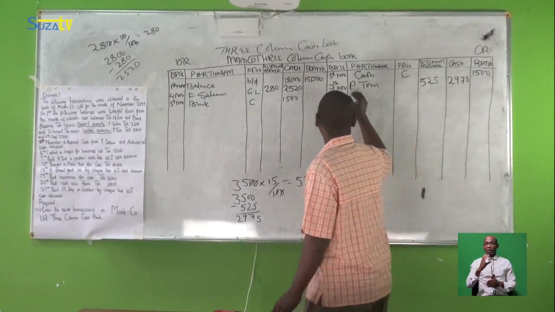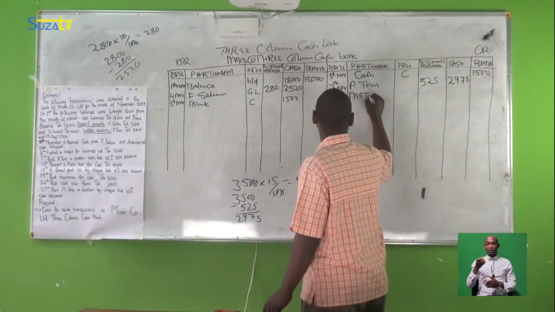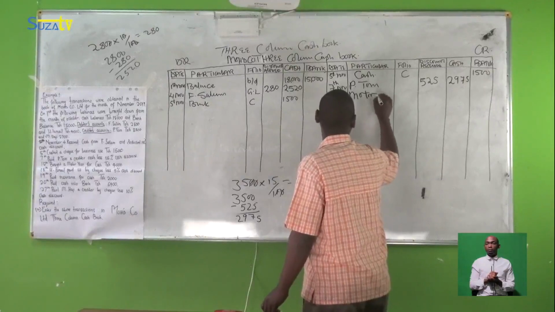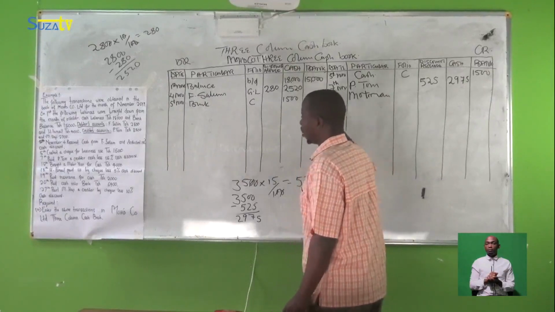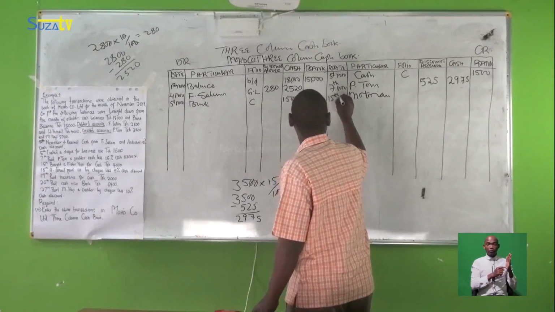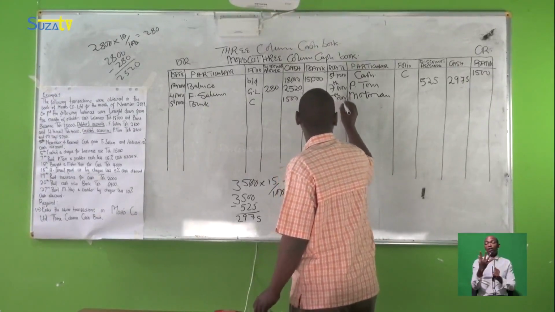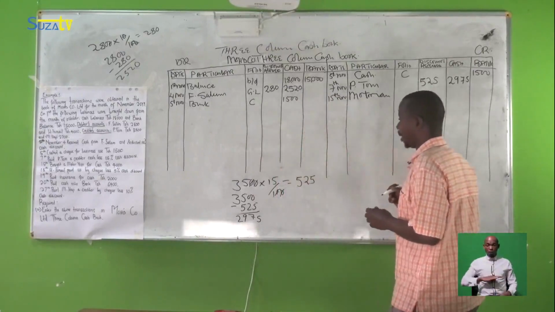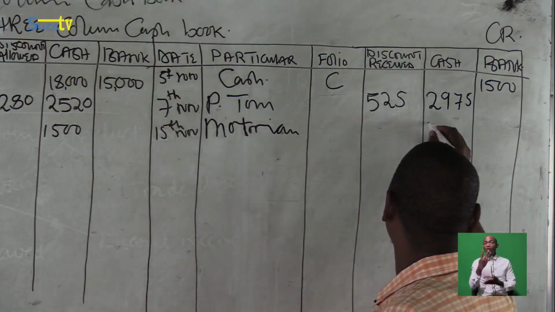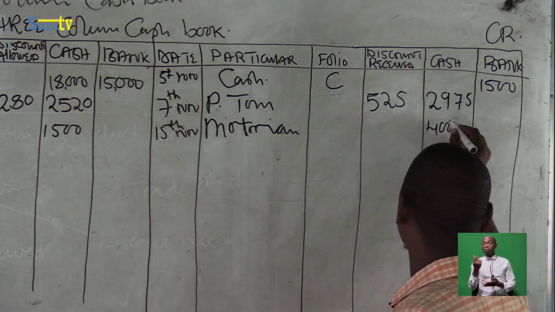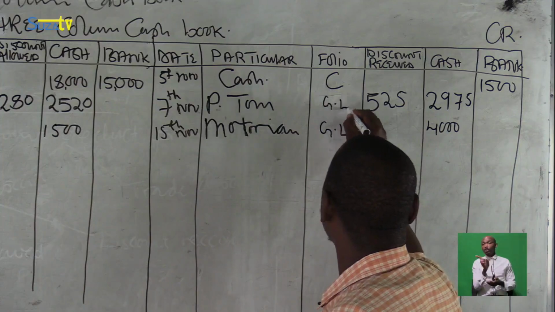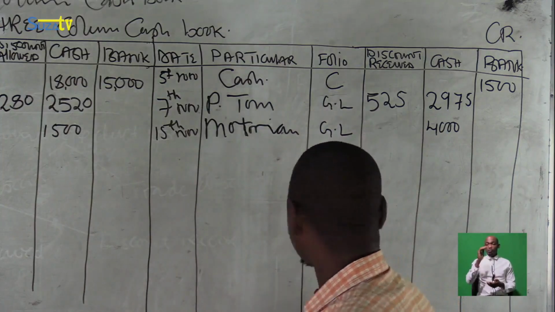Come here and say motor van. In which date? 15th November. How much will it pay? It will pay 4,000 by cash. General ledger. Okay.